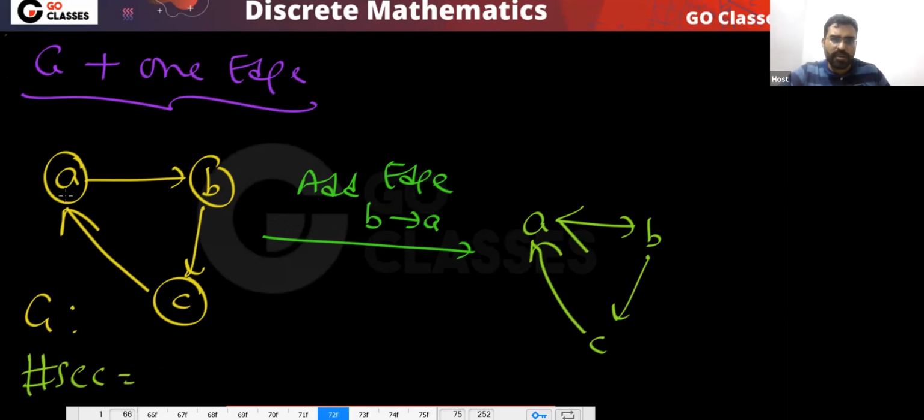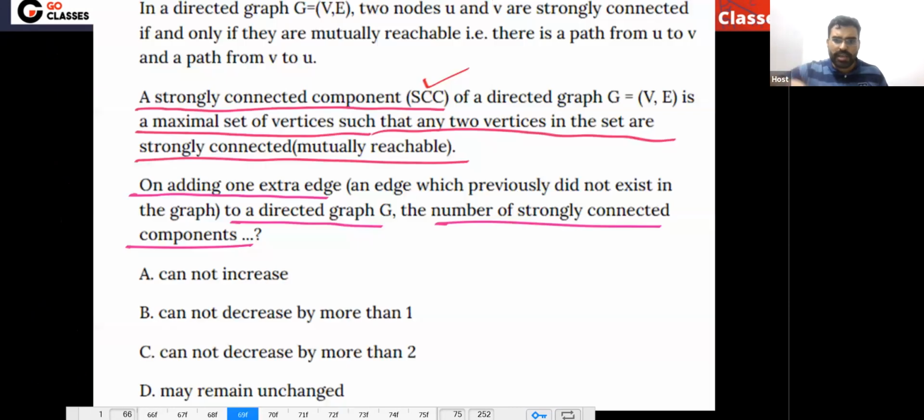That is also 1. Here also 1 and here also 1. So it can remain unchanged, right? Yes, correct.